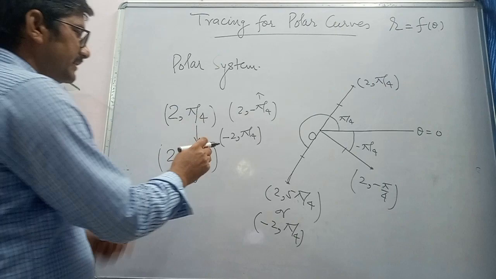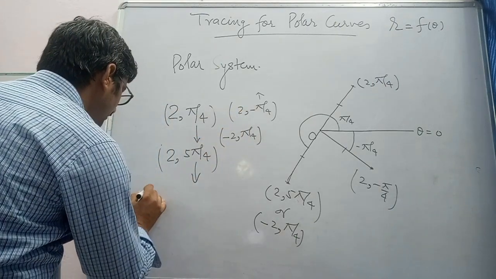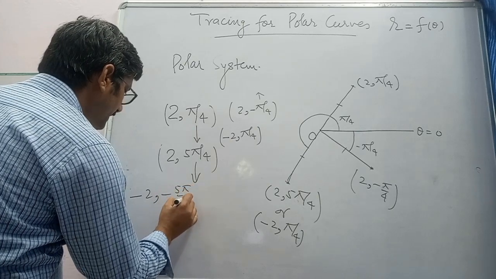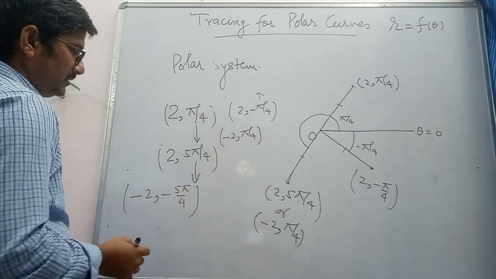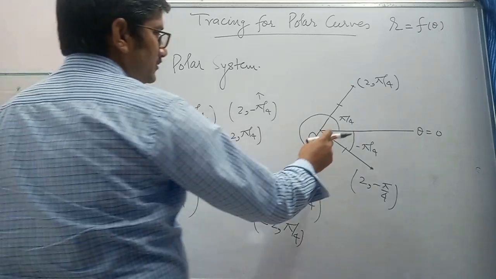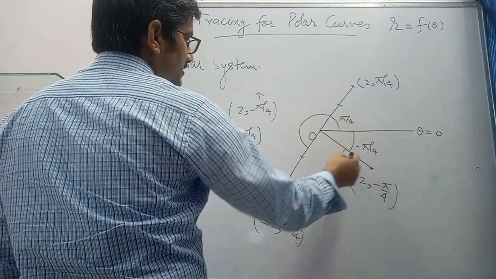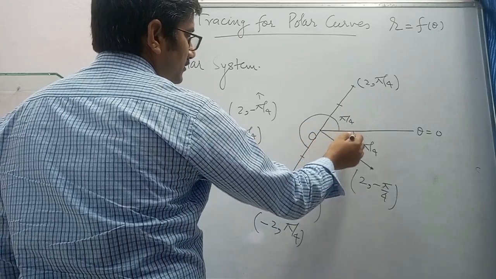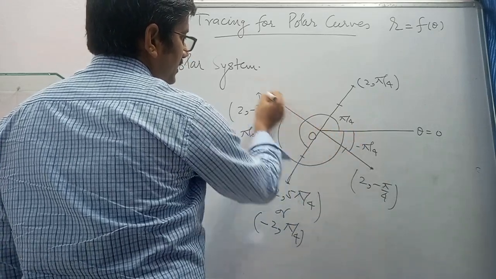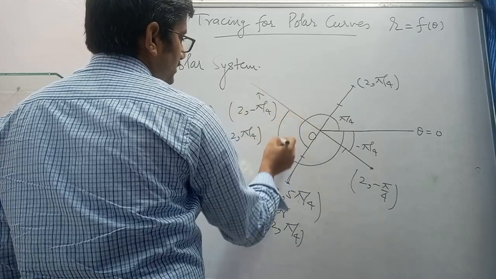If both are negative, for example, we have to locate (−2, −5π/4). So first we have to locate −5π/4. So −5π/4 means in this direction you will move. So if we move in this direction, −5π/4 is this angle.